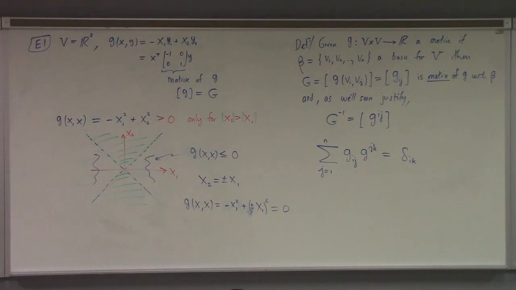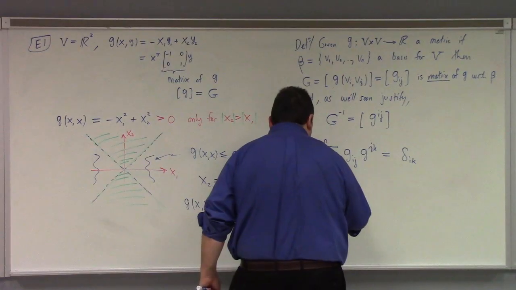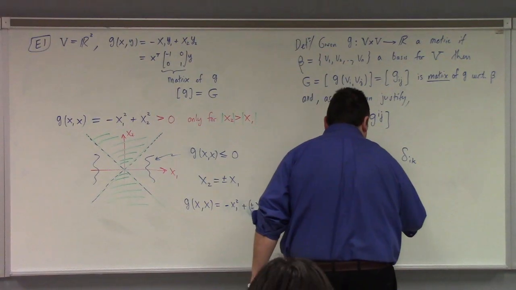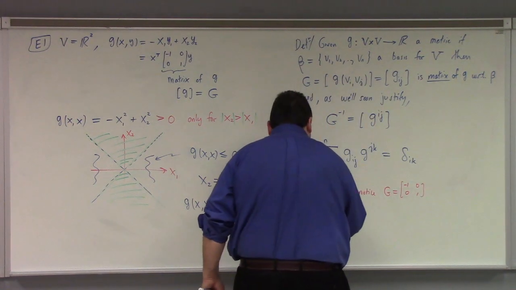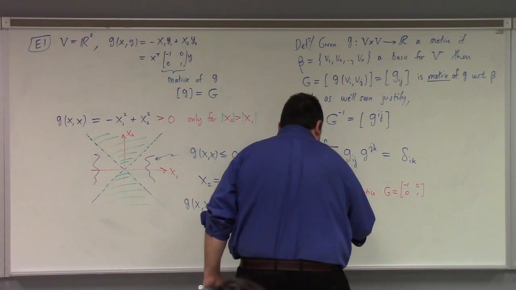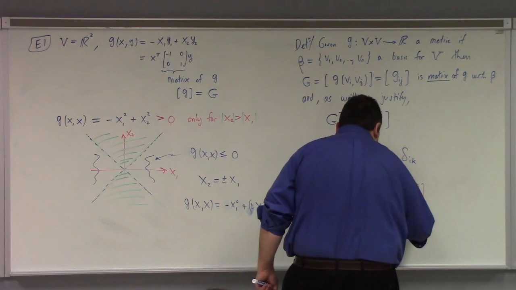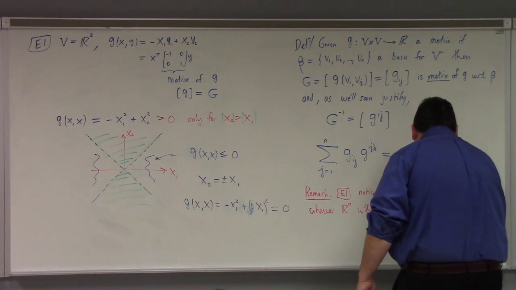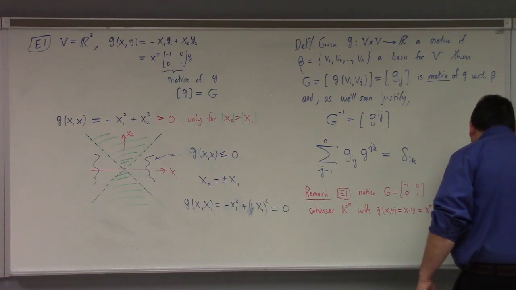A remark: for example 1, notice G is the matrix [[-1, 0], [0, 1]], whereas if we think about Rn with g of x comma y equal to x dot y, which by the way is x transpose times I times y, the matrix of G is the identity matrix.